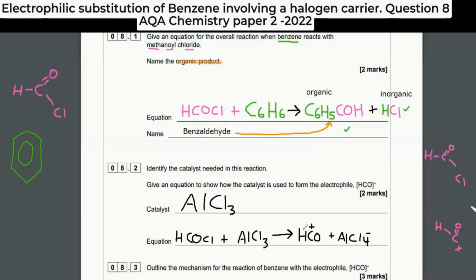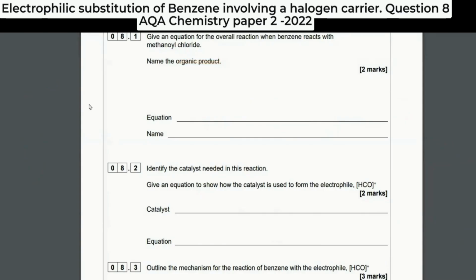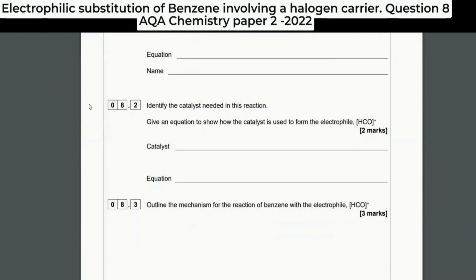And what happens is the chlorine is snapped off of the methanoyl chloride and added to the halogen carrier, which becomes AlCl4-. I've added a plus to my electrophile, and I've put it above the carbon, but you could put the plus outside of the brackets to the top right, just like you would with an ion, and that will get you 2 marks.